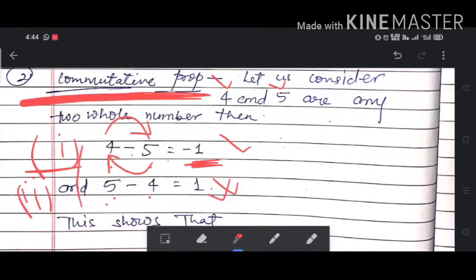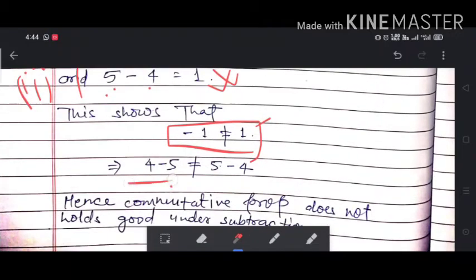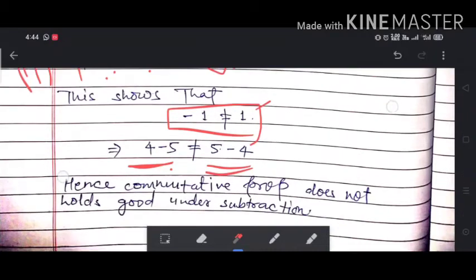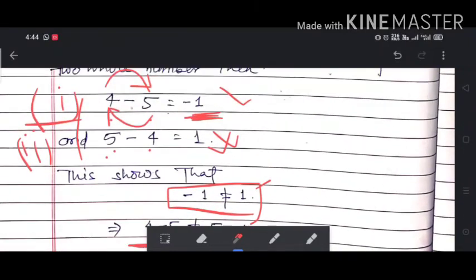So in both cases we can see that -1 does not equal +1, which implies that 4 minus 5 does not equal 5 minus 4, and hence the commutative property does not hold good under subtraction. So student, I hope these two properties are clear to everyone.